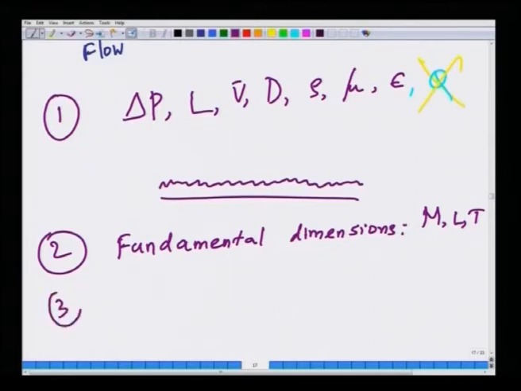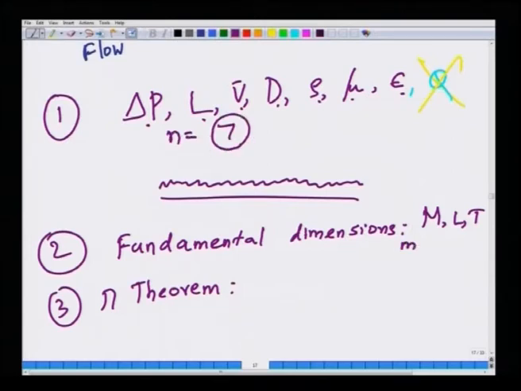So, the Pi-Theorem tells us that there are 1, 2, 3, 4, 5, 6, 7 variables. N is 7, M is 3, N minus M is therefore 7 minus 3, which is 4 non-dimensional groups.